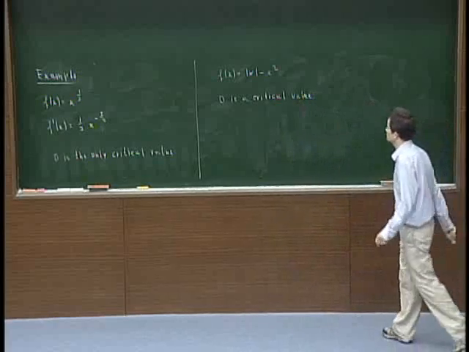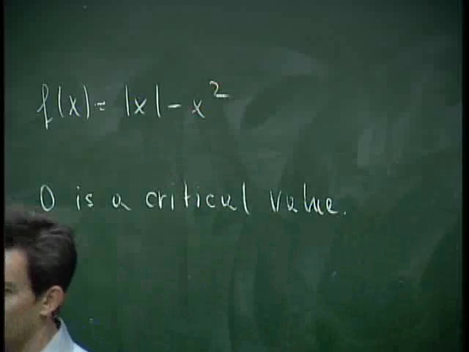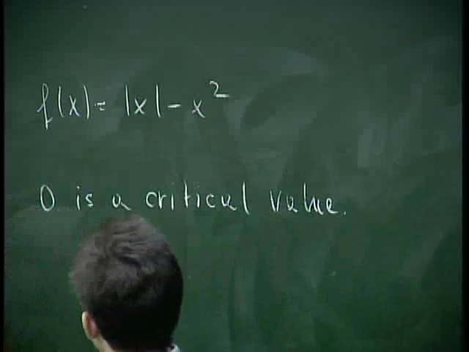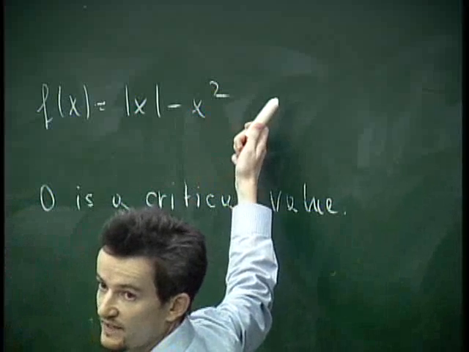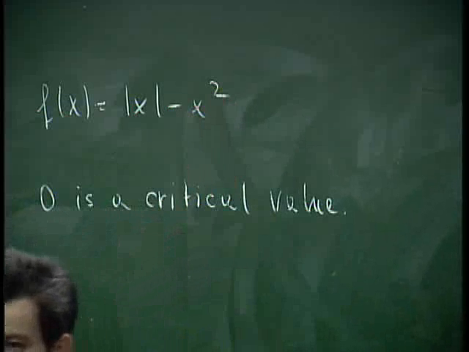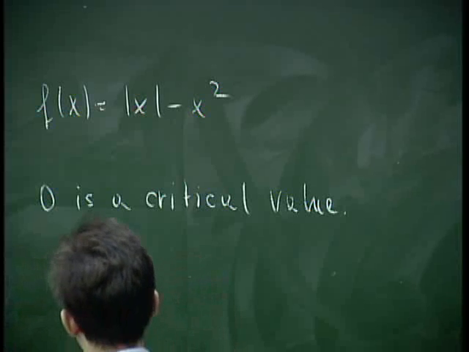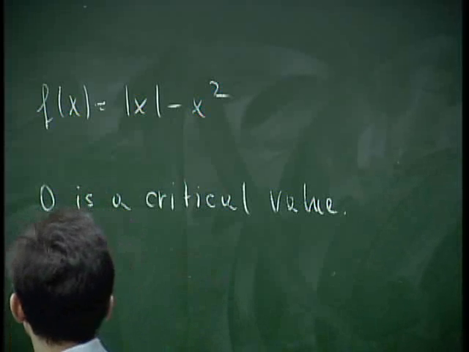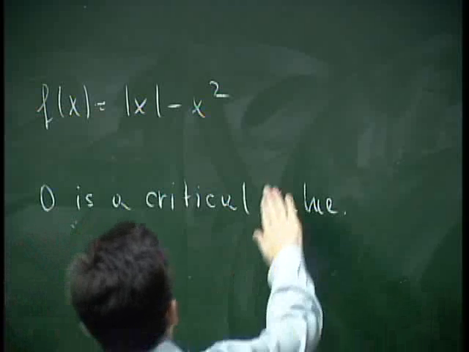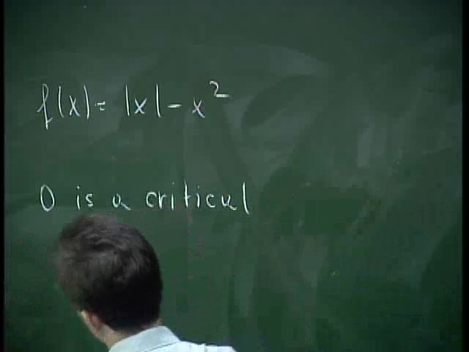The function is not differentiable at 0. If it would be differentiable at 0, then you could add plus x squared, and the resulting function would be differentiable at 0 as well. But this is the absolute value of x, and we have proved that this function is not differentiable at 0. So you see immediately that 0 is a critical point.